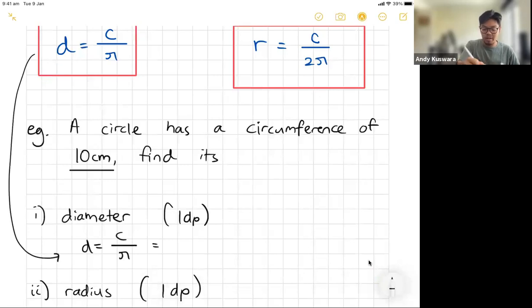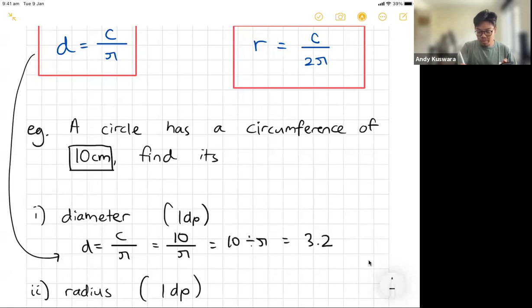Yeah, they've told me the circumference is 10 centimeters. So I'm going to put 10 instead of C on top, and pi is just pi on my calculator. So if I go 10 divided by pi, and that's going to give you, to one decimal place, 3.2 centimeters.